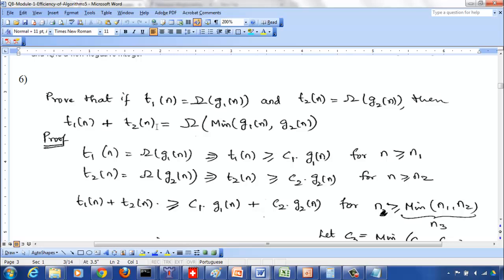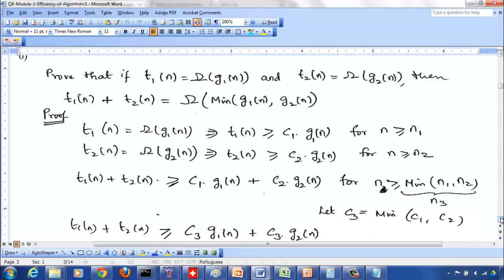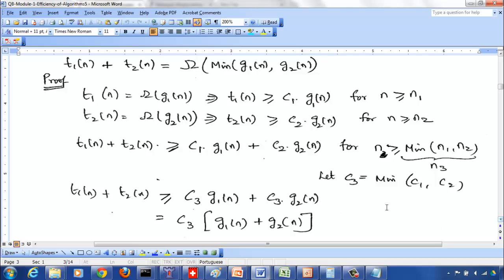If t1 of n is big omega of g1 of n, then t1 of n is greater than or equal to some constant c1 times g1 of n for n greater than or equal to n1. Similarly, if t2 is big omega of g2, then t2 of n is greater than or equal to some constant c2 times g2 of n. So you can now add them. So t1 plus t2 is c1 g1 plus c2 g2. Now this holds good for n greater than or equal to the minimum of n1 and n2, because we're taking the minimum here.